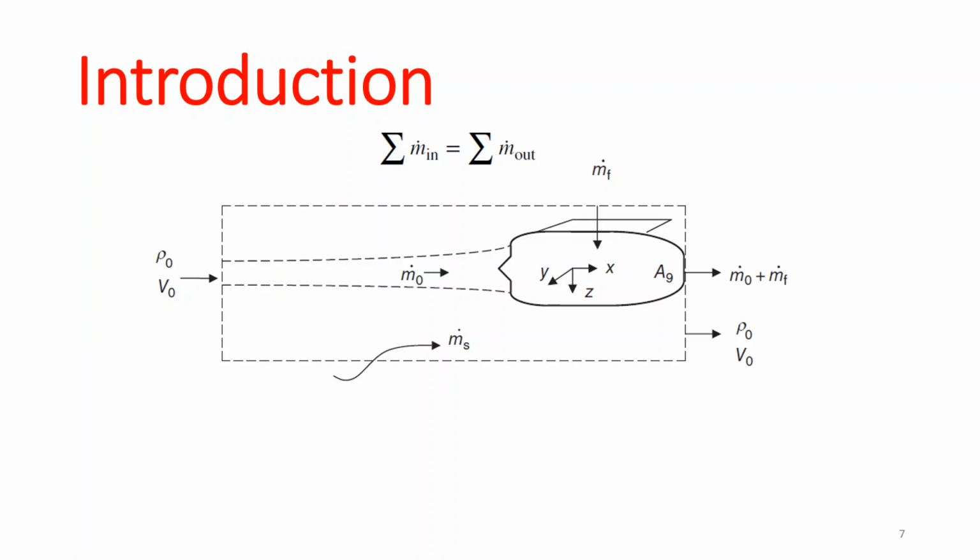We have m dot naught, that is the section of the flow going inside the jet. At the outside of the jet, we have already added fuel to it, so we are going to have m dot naught plus m dot f, and at the boundaries we also have fluid coming in and going out at the rate of m dot s.